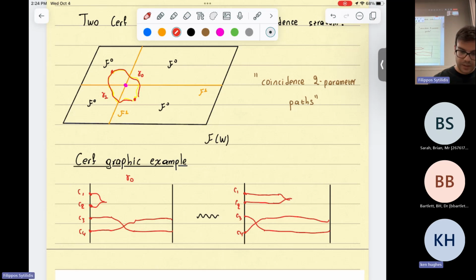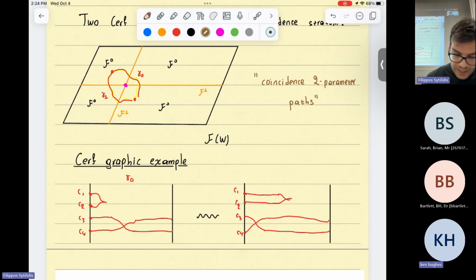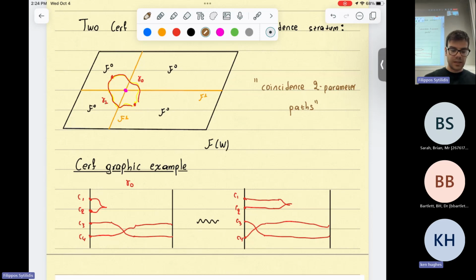So that would be the Cerf graphic for gamma 1. And all I'm saying is that these should be two equivalent things. I have two codimension 1 phenomena that are happening completely disjointly from each other, and it doesn't matter in which order they occur. And I have an evident homotopy between them. Maybe I'll denote it like that, which is going from gamma 0 to gamma 1.